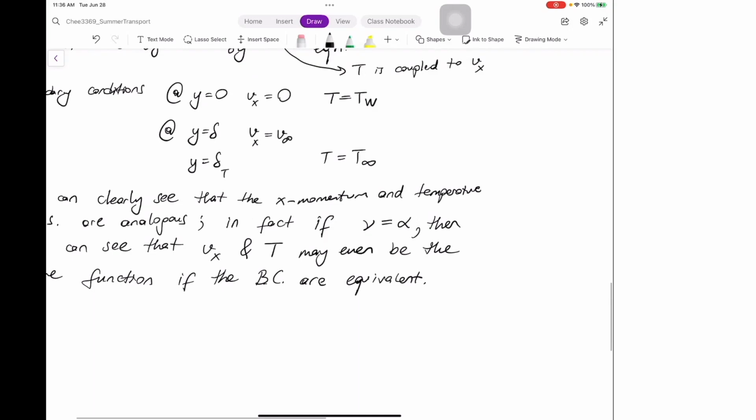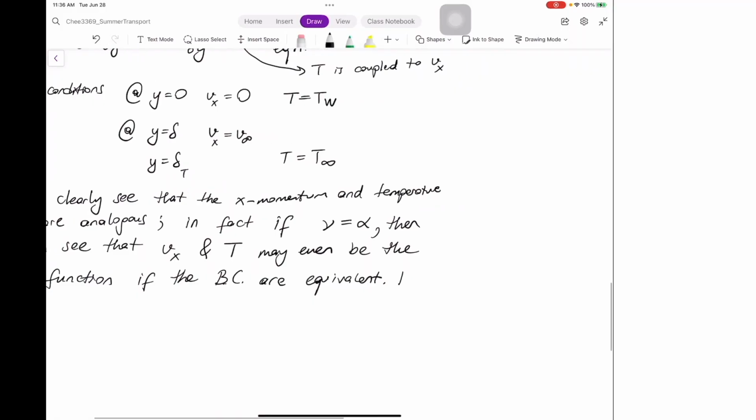But they look like they're not exactly the same. V infinity is not necessarily equal to T infinity. More importantly, they have different units, right? But maybe changing variables and making them non-dimensional might help, right?